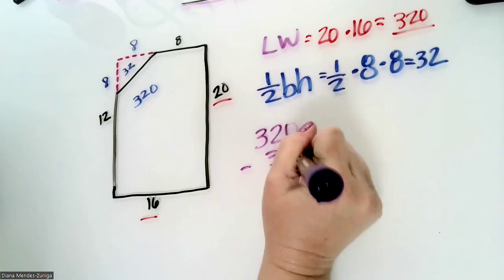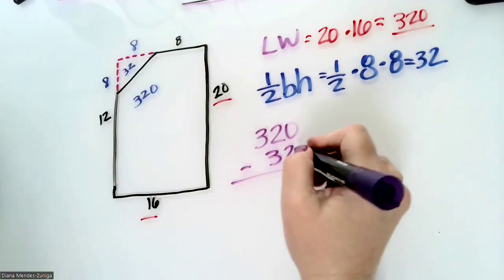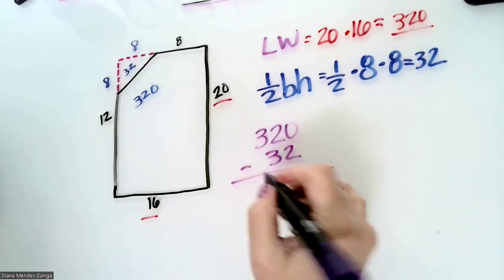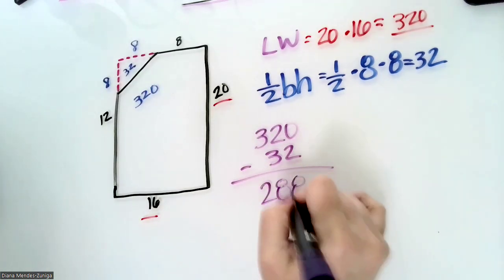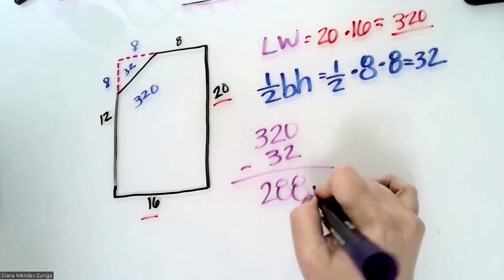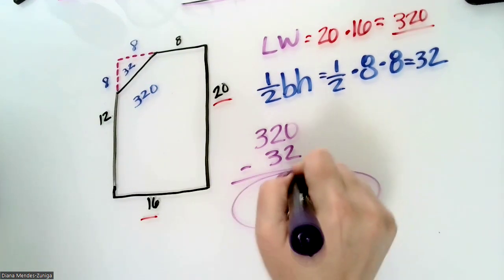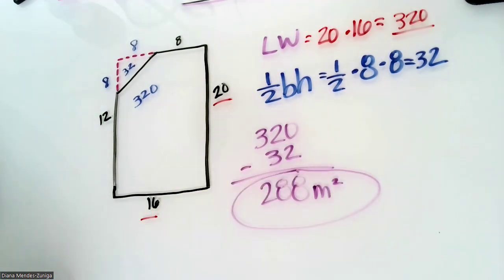So we would do 320, which is the full thing, minus out this little section for our little cutout for our door here. And that's going to leave us with 288. I think this one's in centimeters. It's in meters. Okay, 288 meters squared. Okay, because now we're subtracting that instead of adding that.